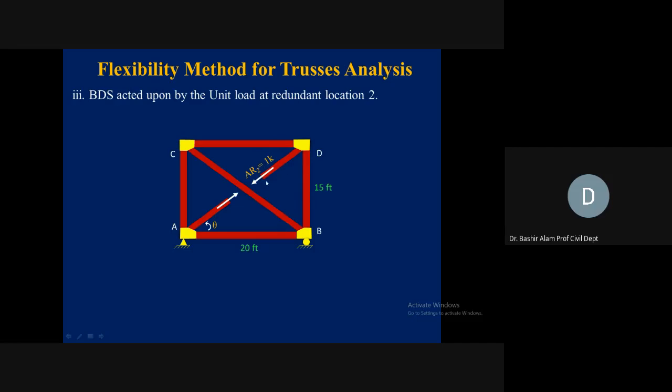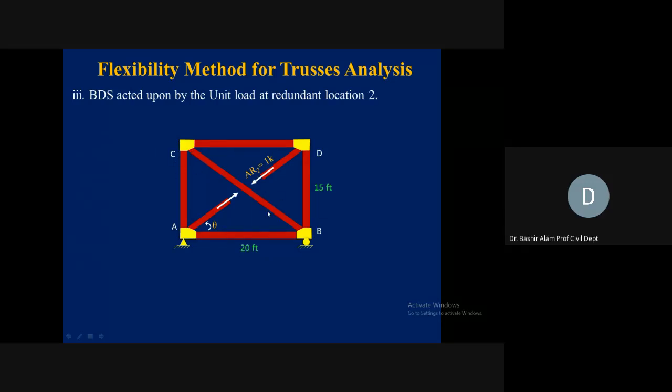You can resolve this into rectangular components. So the horizontal component will become member CD force and the vertical component will become member BD force. Similarly, here you can find out members AB and CD. It is the same force we are resolving here into rectangular components, and we can find their directions. And here you can find out member BC also, which will be the resultant of CD and AC force.